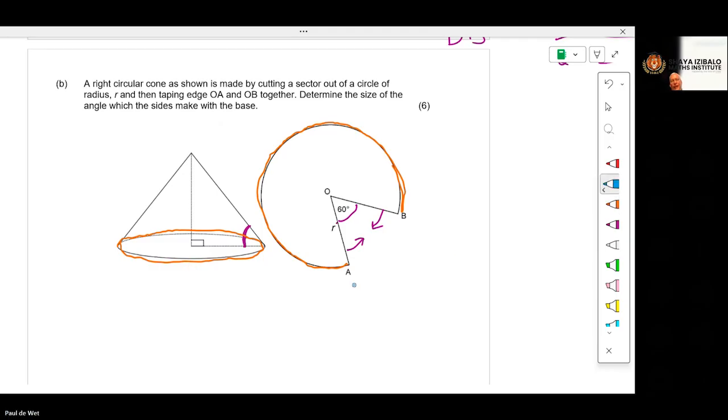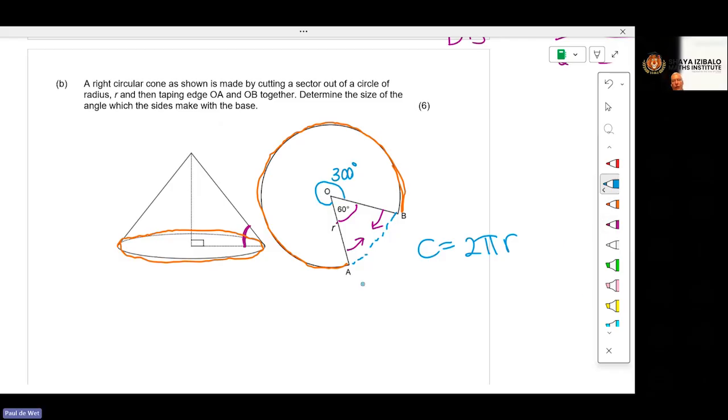Now, if the circle was complete, what's the formula for the circumference of a circle? The circumference of the whole circle is 2 pi r. What proportion, guys, is missing? In other words, how much of the circumference have we got? We haven't got the whole circumference. This is 300 degrees. We are missing 1/6.